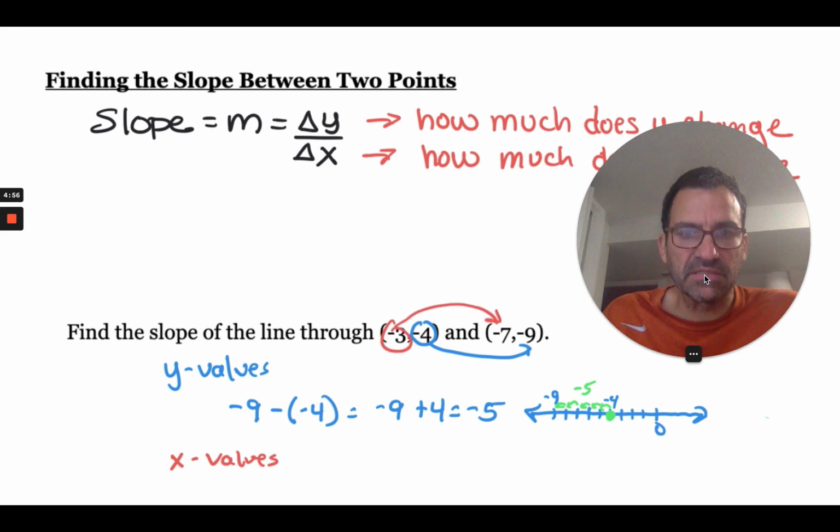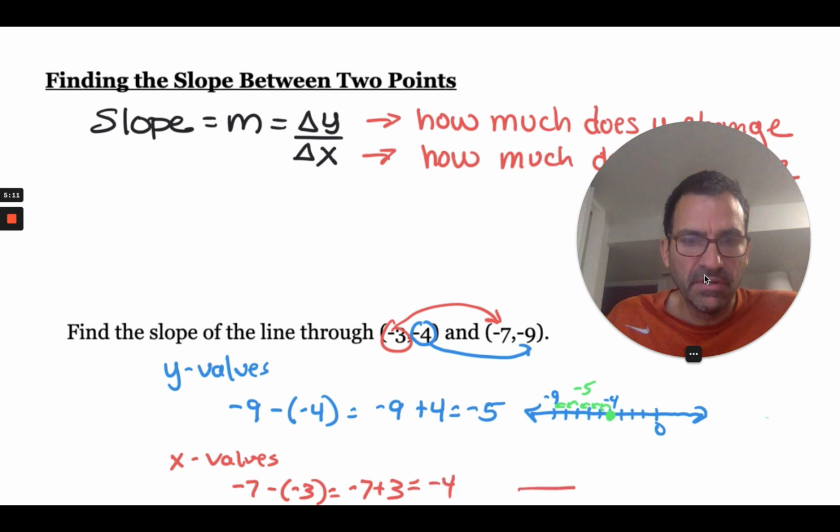So notice you are getting smaller on the number line. Some of you already know that we are going down 4 units. You could do this by subtraction: negative 7 minus negative 3. Well, minus a negative is positive again, so you go down 4. Like I said, we can look at that on the number line. Start at 0, plot the 2 points, negative 3 and negative 7.